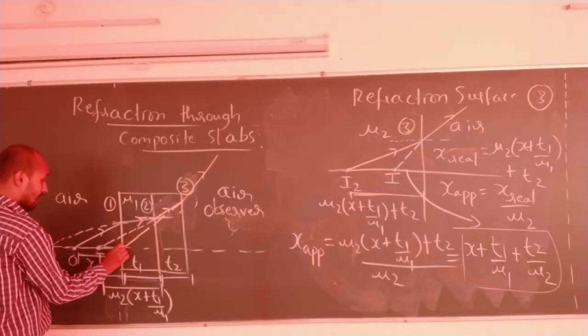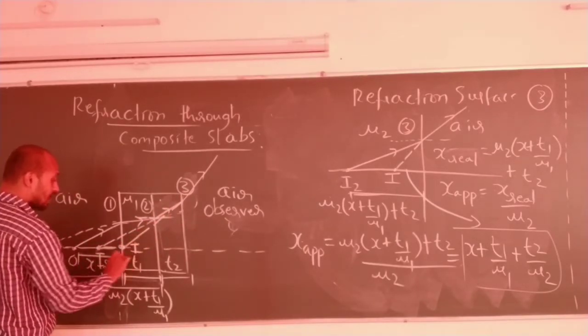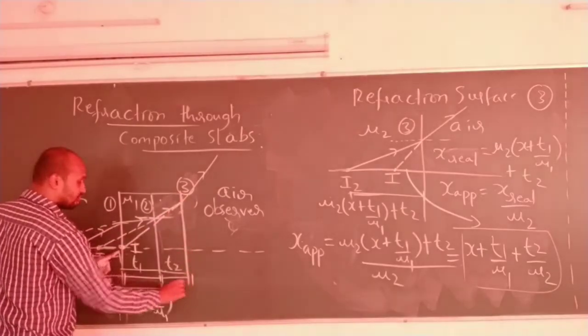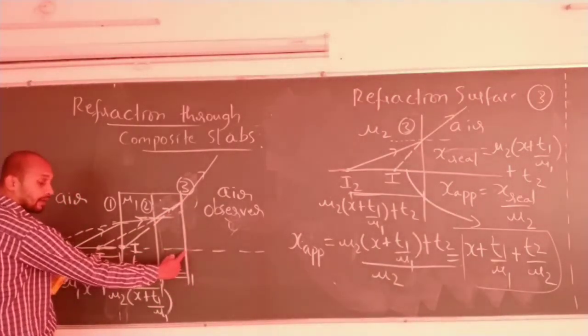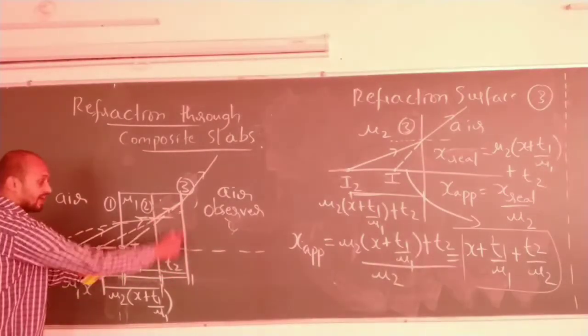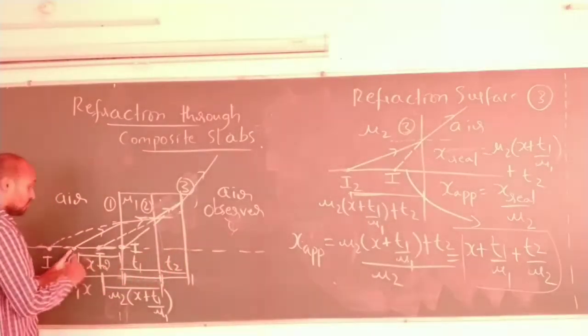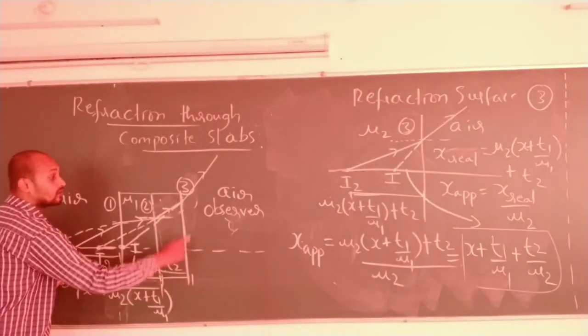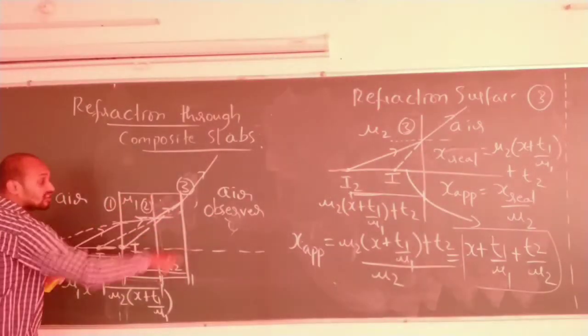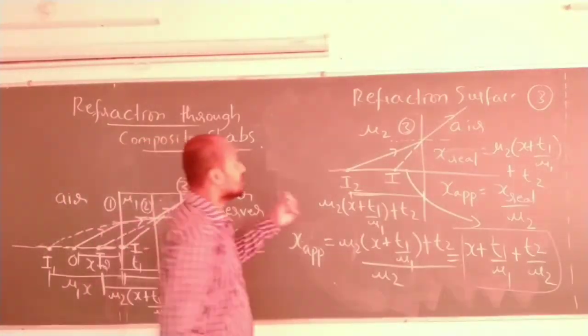Imagine I is formed here. From this surface, this is the apparent depth. For this object, real depth. Correct now? From this surface, this will be the apparent depth. For the real depth, from the object to this surface, when the observer sees this object through this composite slab. Correct now?